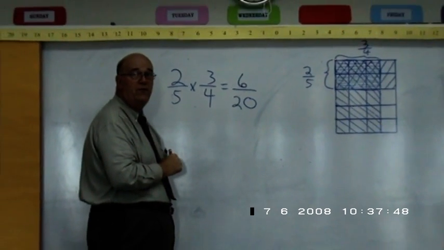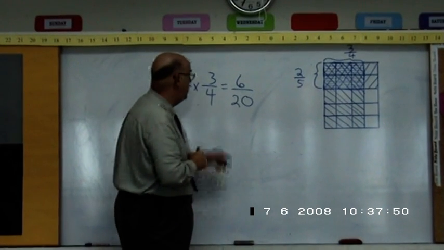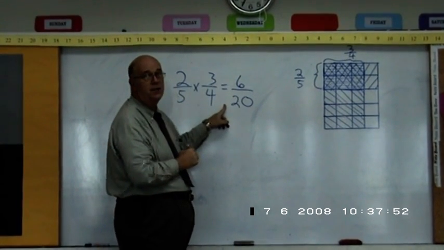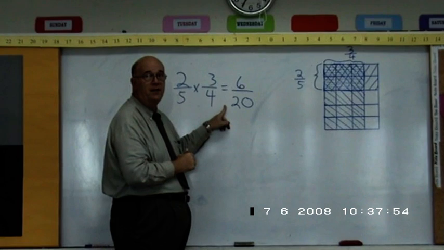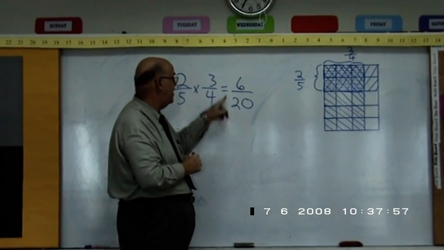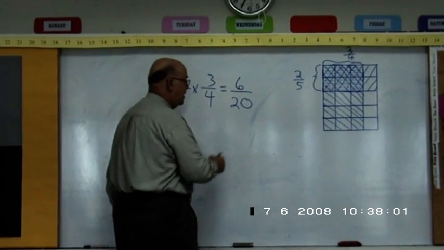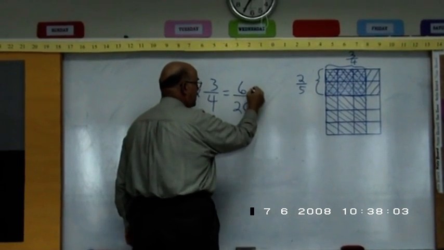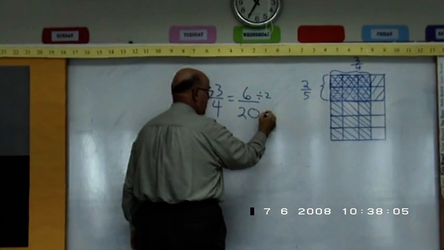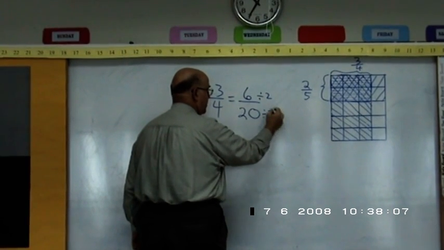Now, if you remember from last year, you never want to leave a fraction like this. You want to simplify it. And we do that by dividing the top number and the bottom number by the same number. Now in this case, you can divide the top number by 2 and the bottom number by 2.